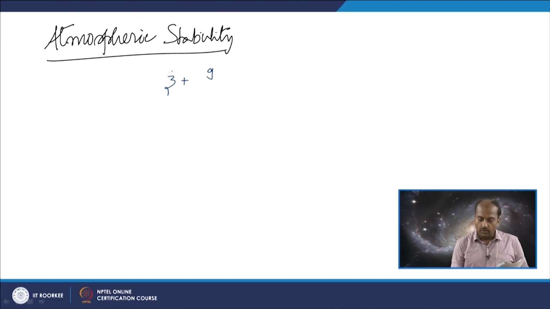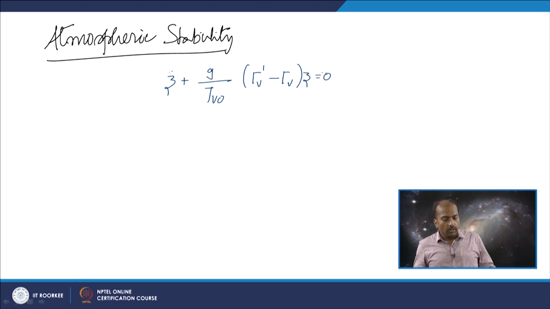So basically the second order differential equation that we derived in the last class goes something like this. So this is Tv0 gamma v prime minus gamma v times c is equal to 0. So if you remember, z is the vertical coordinate, Tv0 is the virtual temperature at the surface or at the 0 level, gamma v prime is the rate at which the virtual temperature varies with respect to height inside the parcel, and gamma v is the rate at which the temperature varies outside the parcel or environment.